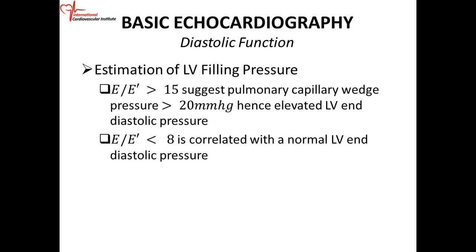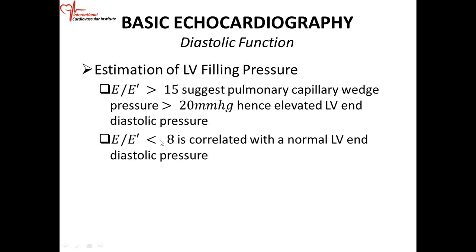So you don't have to take the patient to the ICU and put a Swan-Ganz catheter or a PA catheter. You can do your echo at the bedside and get that information. Okay.